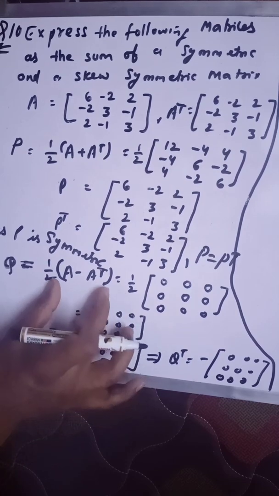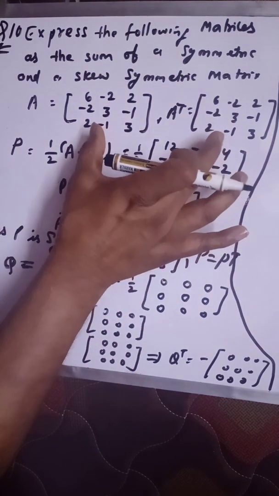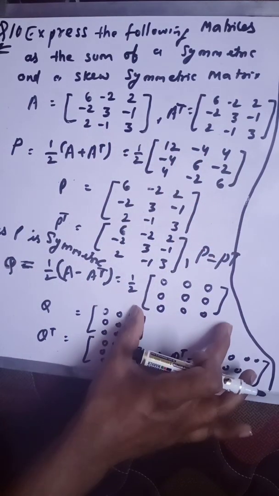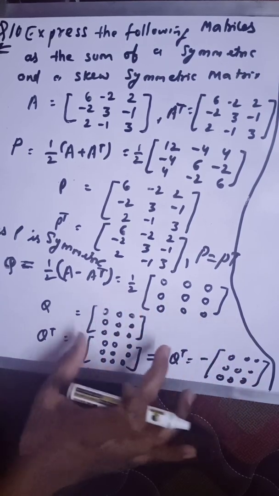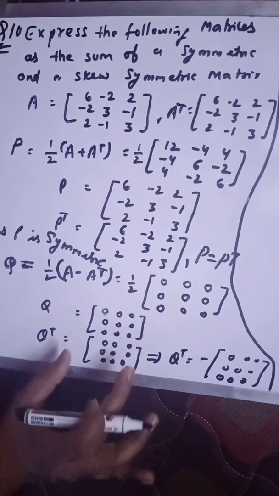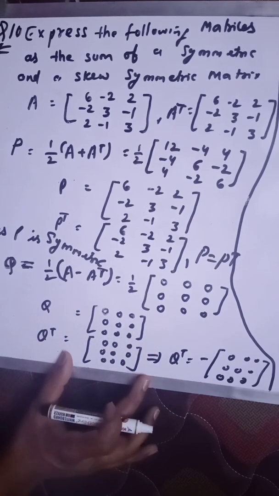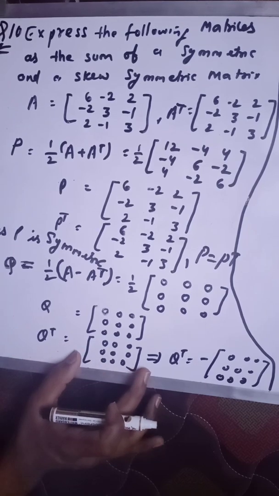So if you find the subtraction of these two matrices, you will get this result. Fine. If you insert a half, it will remain 0 0. If you find the transpose of this matrix Q, it will again remain 0 0. And if you take minus common from all of them, it will again remain 0.